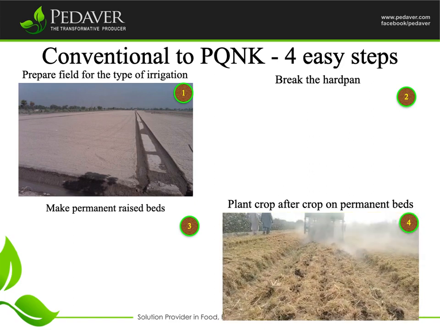So this is the whole system, and the four simple, easy steps to convert from one production management system to another. It's very convenient, it's very easy, and it is very time saving, and of course it has many benefits. Water requirement is reduced by more than 80%. Seed is counted, and so the seed rate is less.